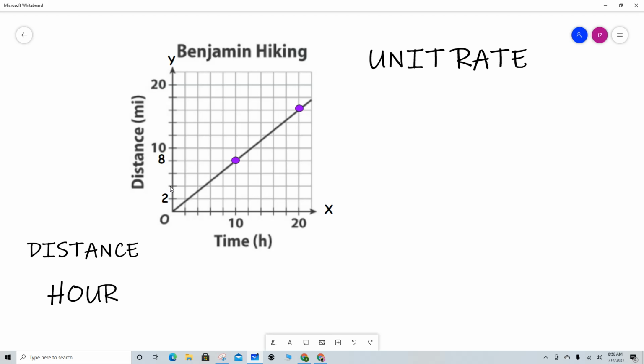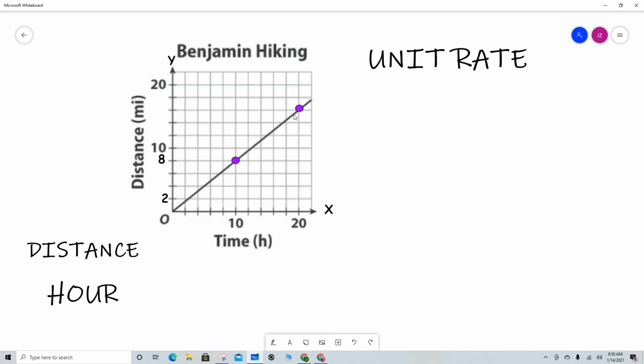It could be a decimal. We don't know. So whenever we're trying to figure out the unit rate, we are only looking for basically these dots right here. Now, I made it easy for you and gave you the dots. In some of these problems, you have to find these points right here.